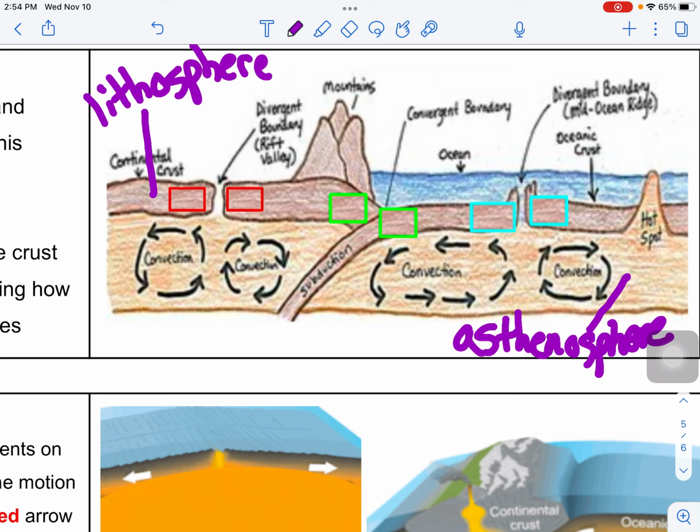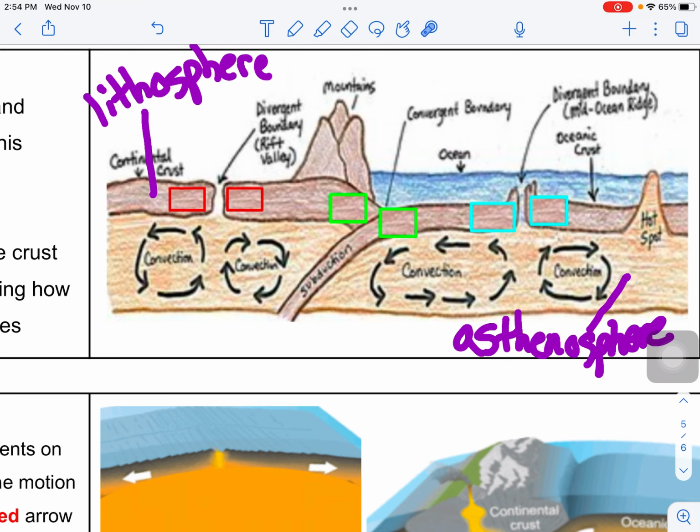Unlike the lithosphere, which is very solid and brittle, the asthenosphere's got the ability to flow and to move. So this motion in the asthenosphere can make the lithosphere move with it. It drags it depending on which direction the convection currents are moving.